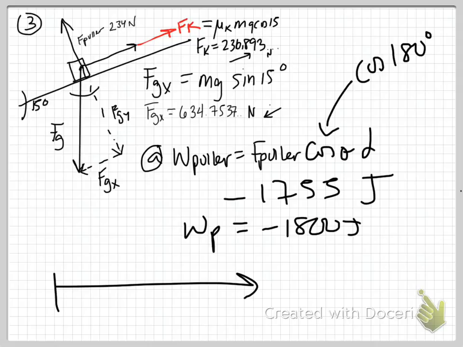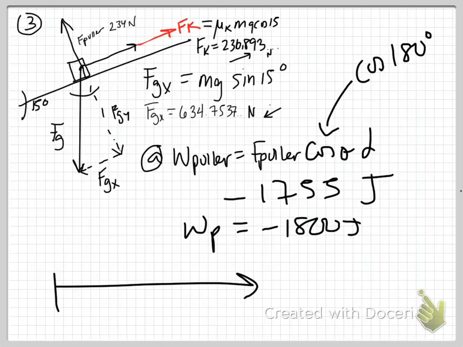Which actually it might be positive work because the motion is negative, and so the work is opposing the motion. That's the thing. The work of the puller is opposing the motion. But your distance would be just a distance, so it's positive. If you did your negative work, then you wouldn't have cosine 180 just be 0. True. Yeah, okay. It's still negative work because it's in opposition to the motion.